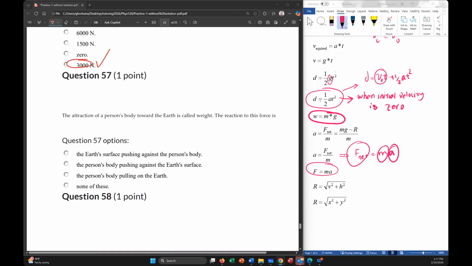Yes, pulling. Oh, wait, oops. The earth is pulling you, you are pulling the earth. Action, reaction. I got it. I got you, all right.